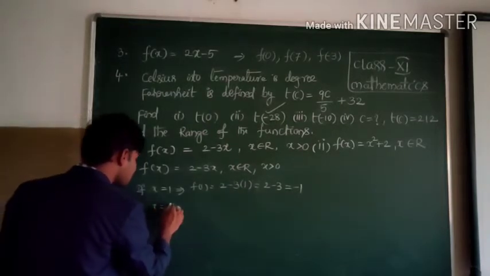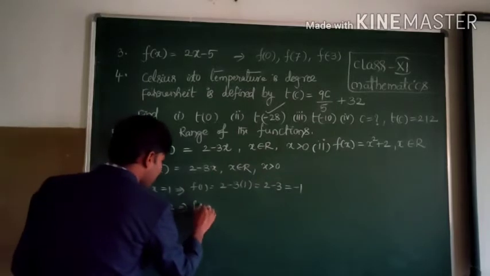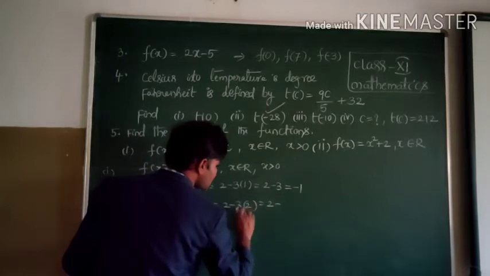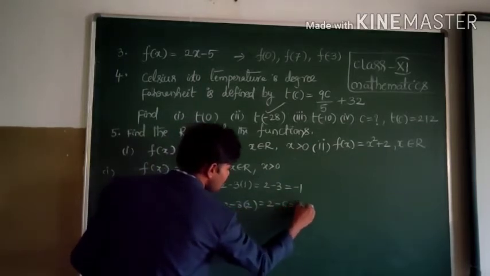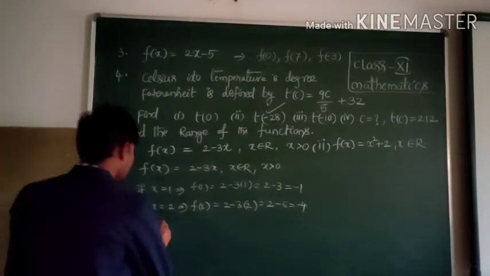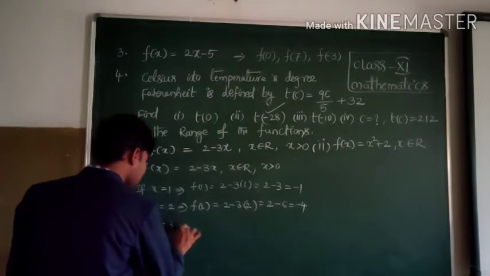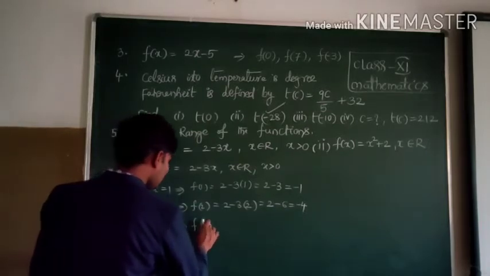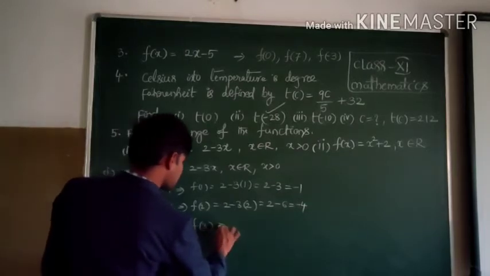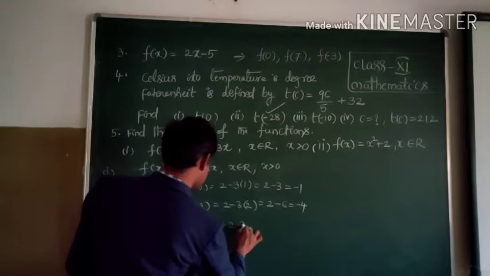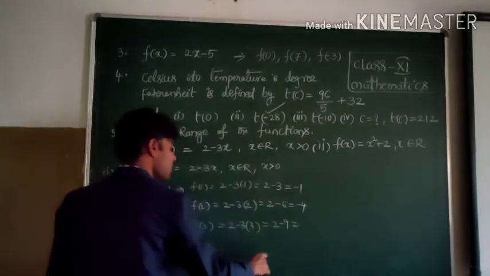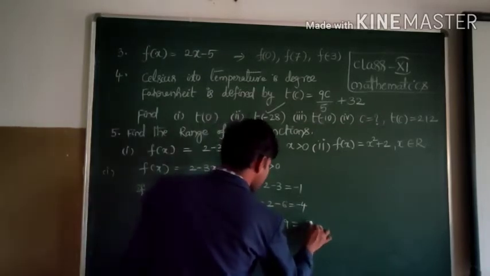If I take x equal to 2, f of 2 is 2 minus 3 into 2, that is 2 minus 6, which is minus 4. Next, if I take x equal to 3, f of 3 is 2 minus 3 into 3, that is 2 minus 9, which is minus 7.